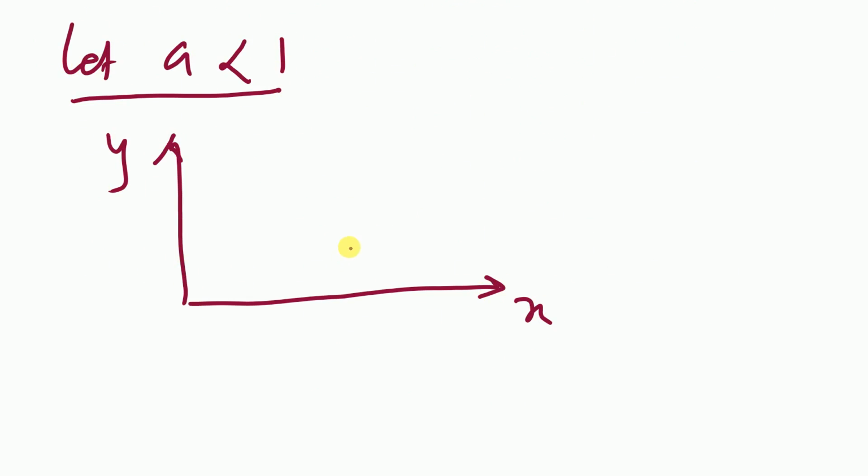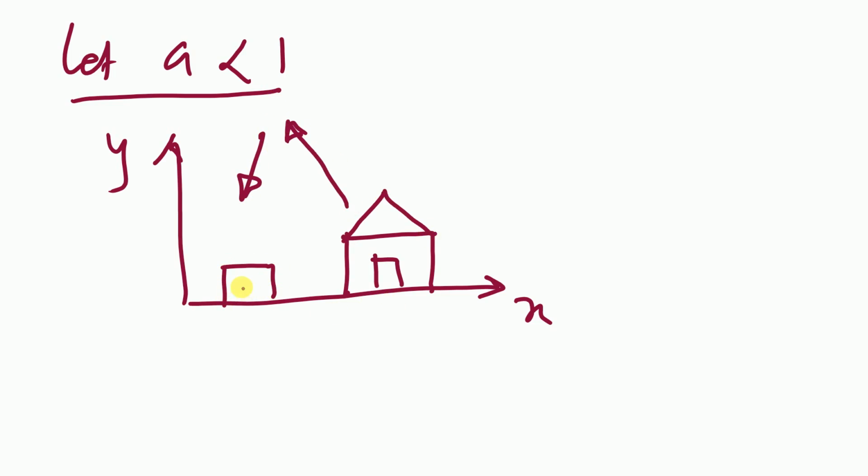Originally the object is situated at these points, for example, and when a is less than 1, the object will change into a smaller dimension. Approximately this is drawn, and the important point is that the object has moved towards the origin.